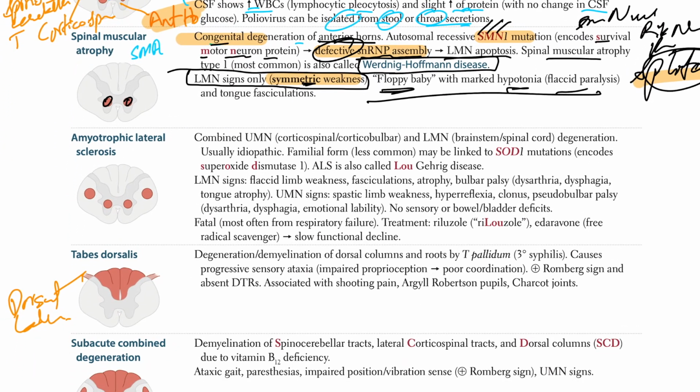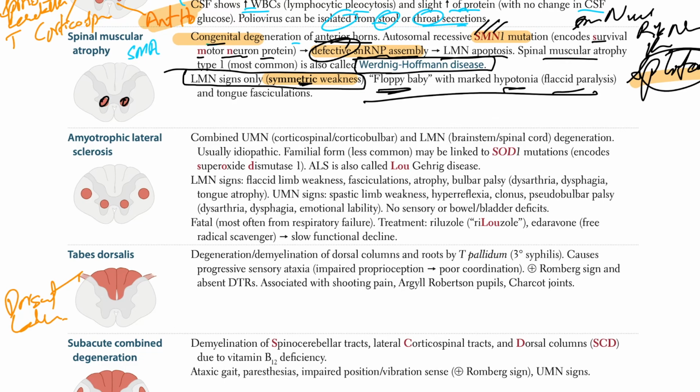Moving on with ALS, amyotrophic lateral sclerosis. It's a combined upper motor neuron and lower motor neuron degeneration. So you're knocking out your anterior horns, and you're also knocking out your corticospinal tract, which is going to give you an upper motor neuron lesion.